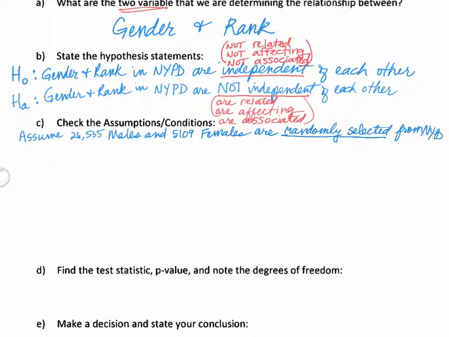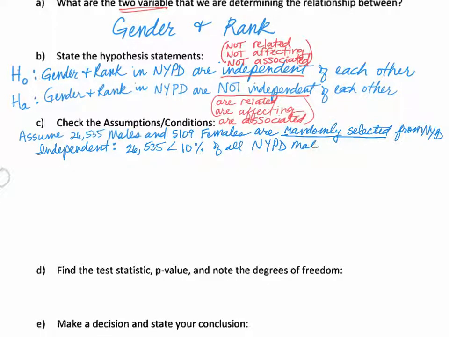All right, next is going to be our independence condition. So tell me how I have to do this one. Yes, you have two populations that you are checking, so you have to do both of them. That this many are less than 10% of all NYPD males. Of course they are.